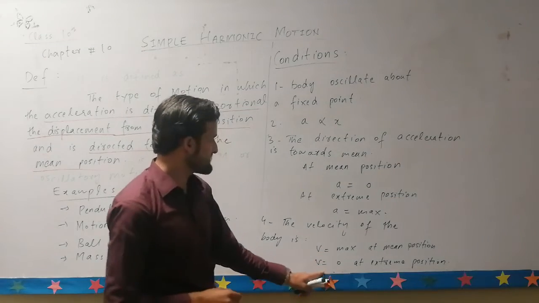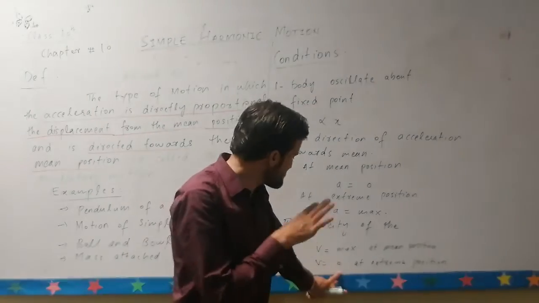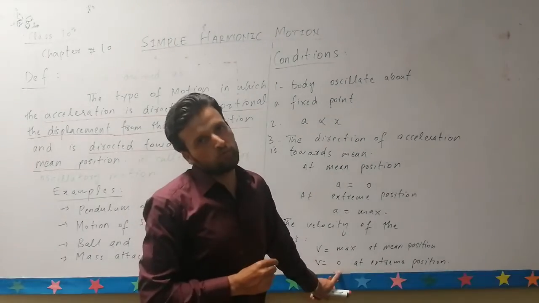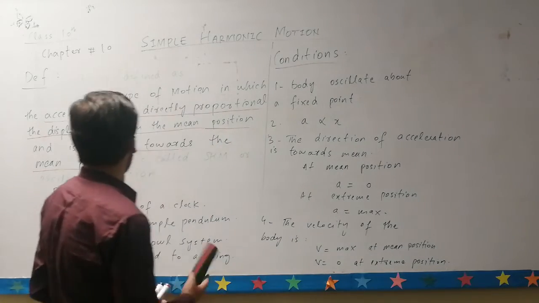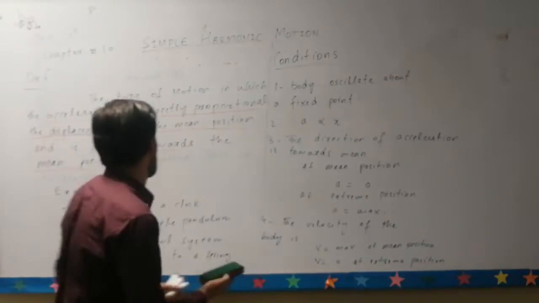So we say that the velocity is 0 at the extreme position. Now we discuss an example of simple harmonic motion and prove that such a system executes simple harmonic motion.